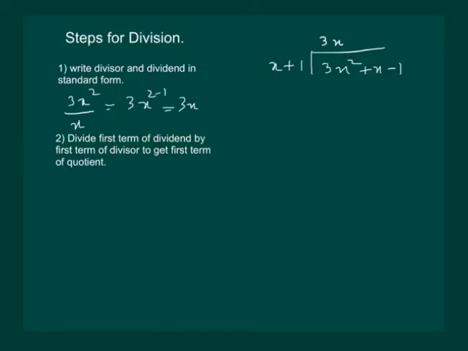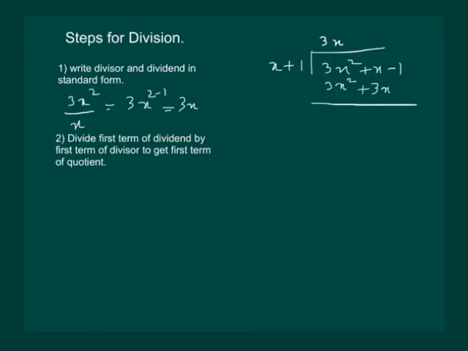Our next step is to multiply this first term of the quotient with the divisor and write it under the dividend. So we have 3x into x is equal to 3x square. 3x into 1 will give 3x.